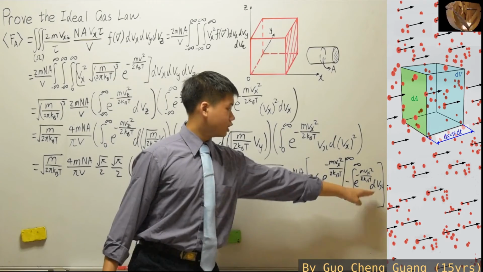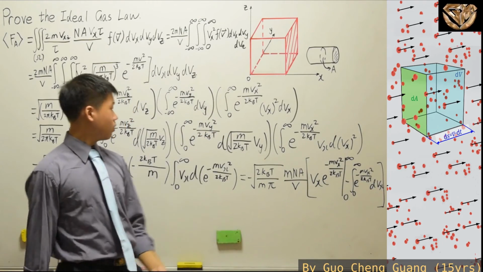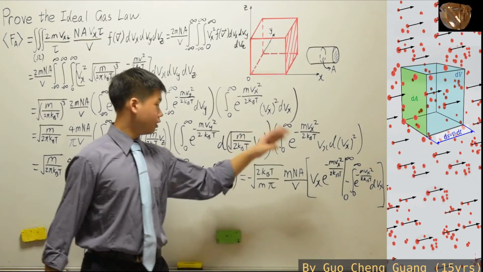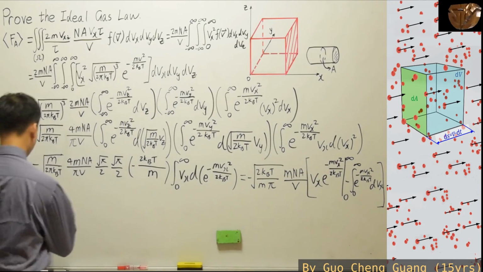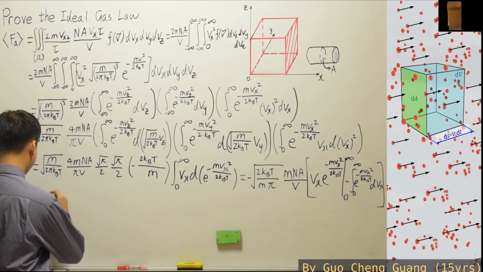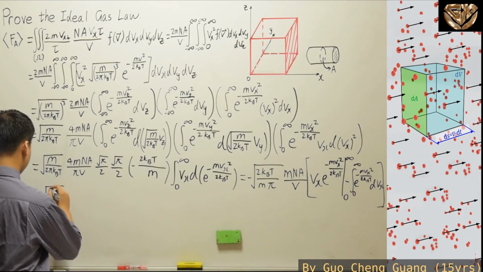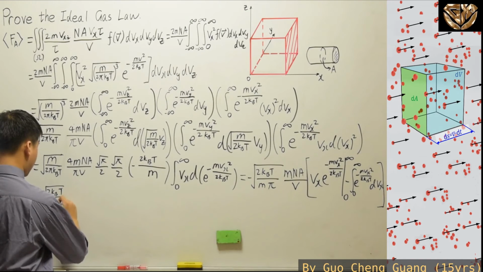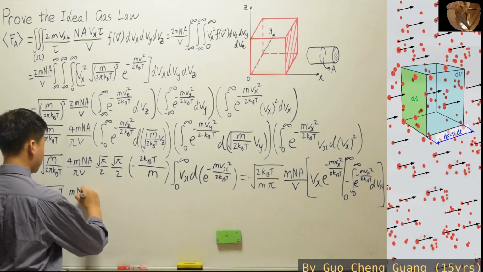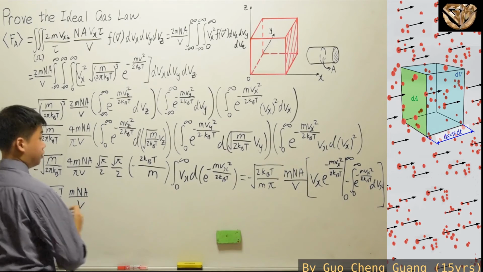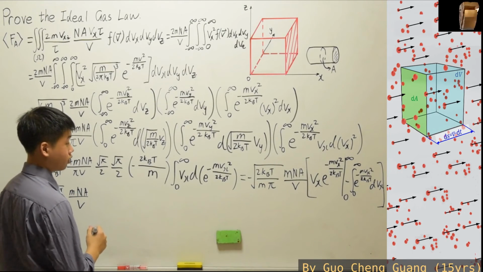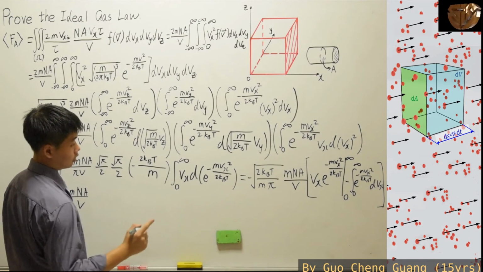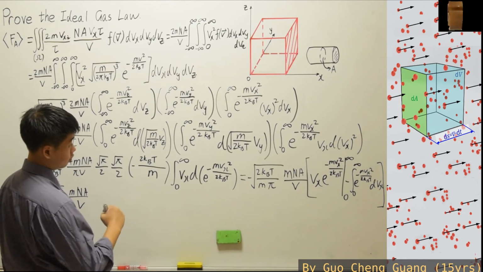Now, in this section, does that look similar? Of course it does. We're just going to repeat the same thing we did from above, again in this part. So, we are going to have negative square root 2kbt over m pi, and here we have m and a over v. Then you are going to have negative and another negative.